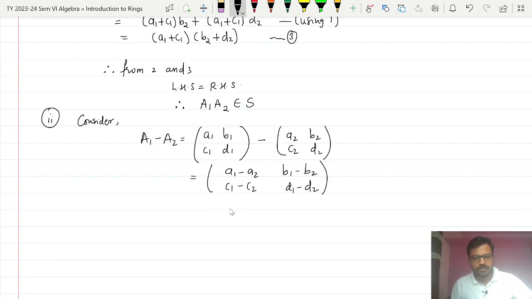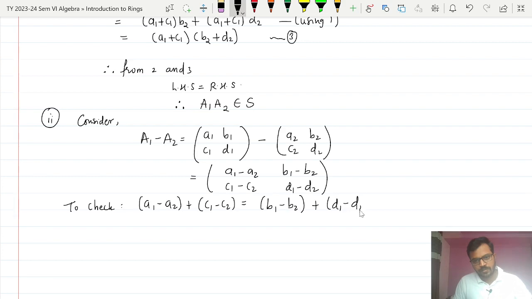Now again the logic is the same. In order to show that this A1 minus A2 is a member of S, we have to show that the sum of these two is exactly equal to the sum of these two. So I will say to check, this A1 minus A2 plus C1 minus C2 is equal to B1 minus B2 plus D1 minus D2.